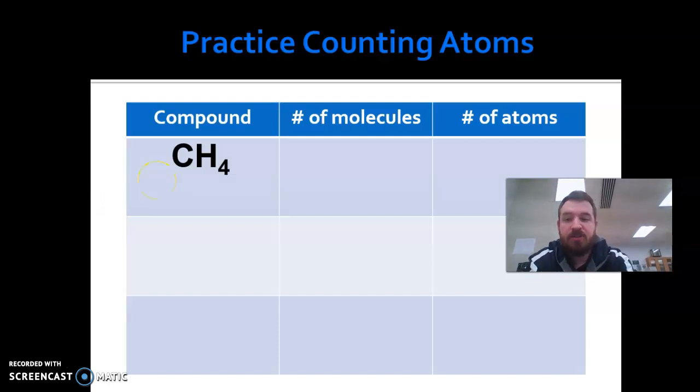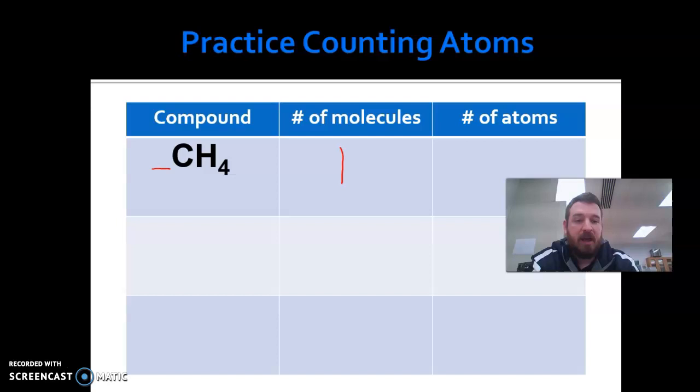Our coefficient should be found in front of our compound. I don't see a number there, but remember I said if you don't see a number, that means that there is 1. If there were 0, we wouldn't see anything. Okay, so if you don't see a number, you can assume it's 1. If you do see a number, we're going to roll with that number.